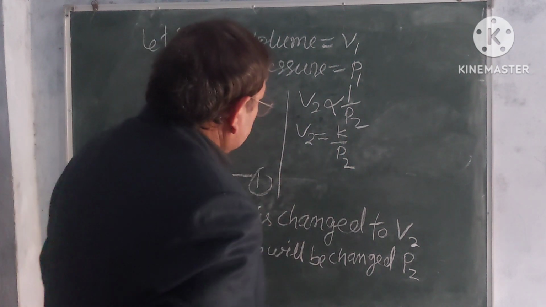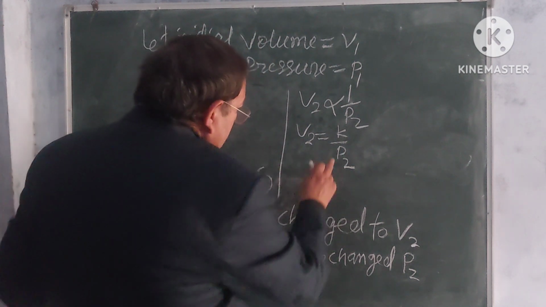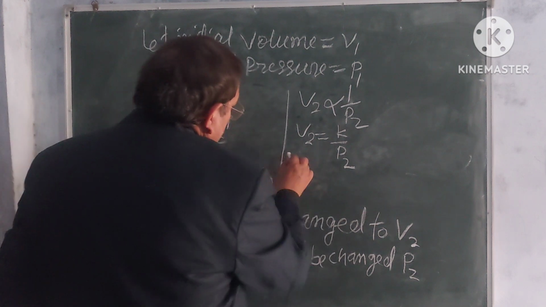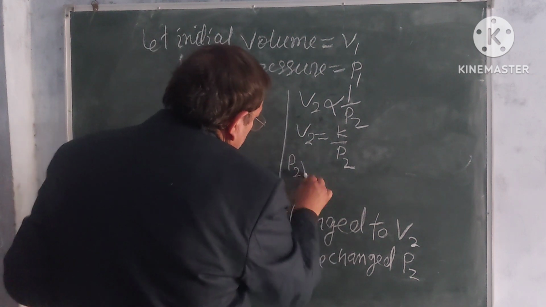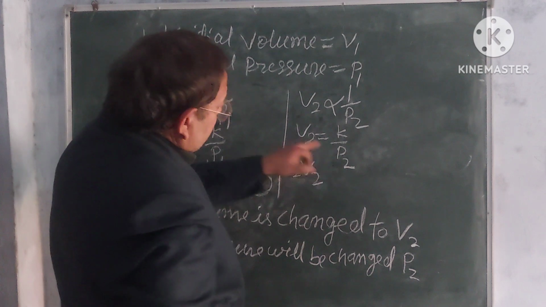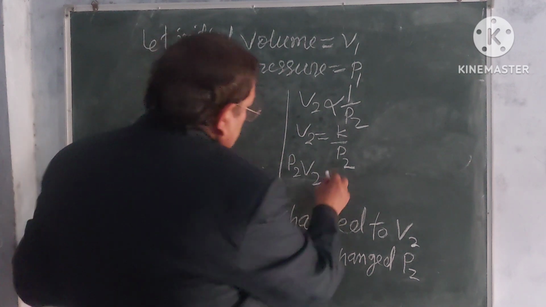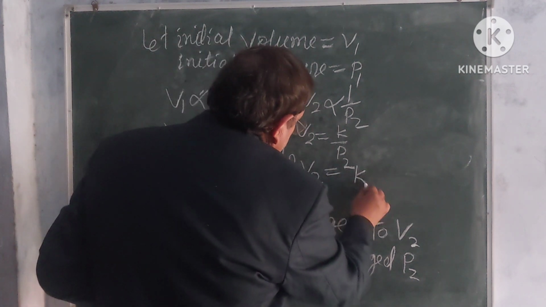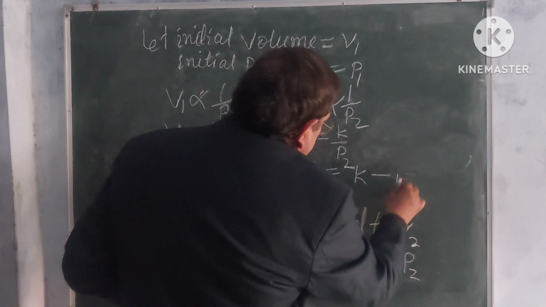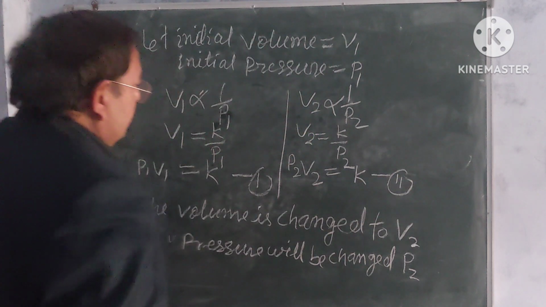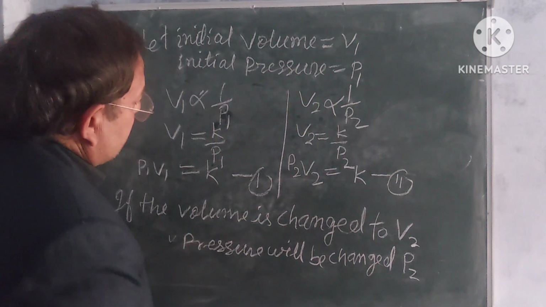We do the cross multiplication, then we get P2 V2 is equal to K. This is the second equation. Understand? This is the second equation.